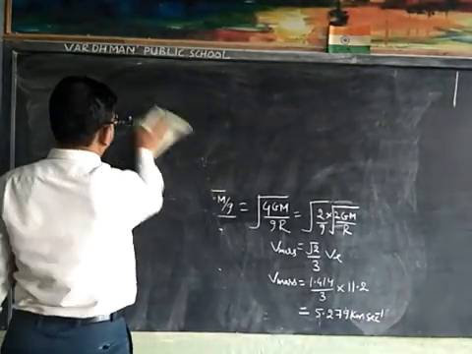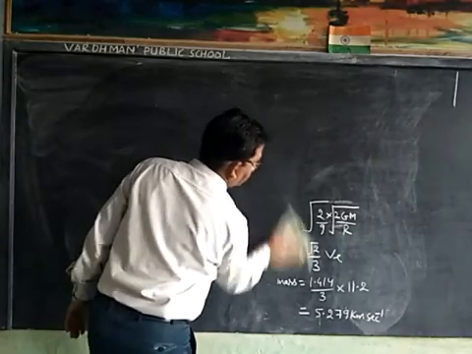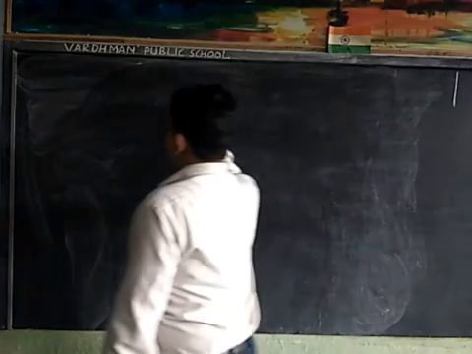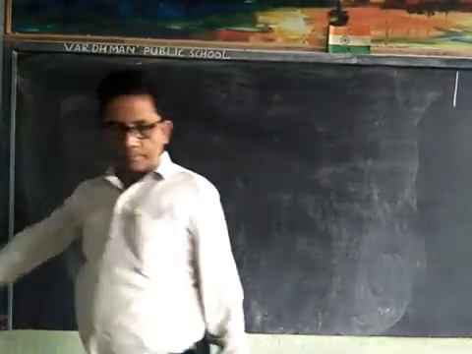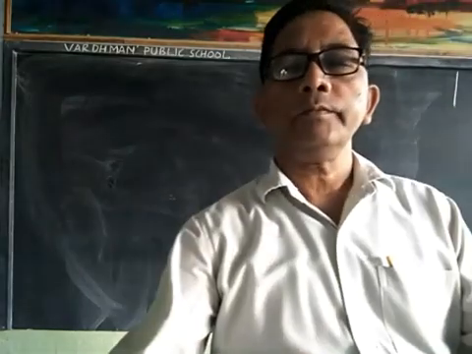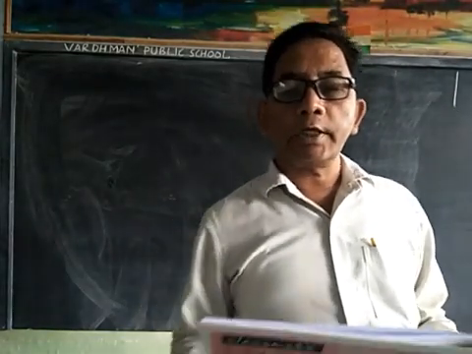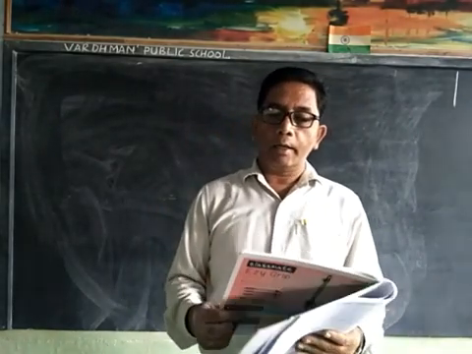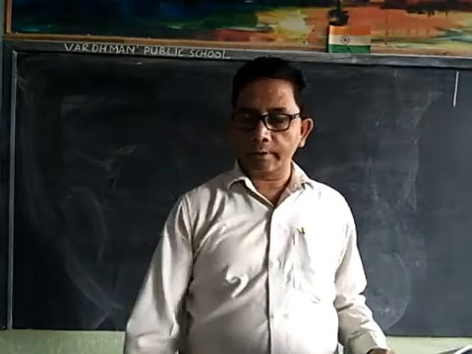Now we will discuss the next numerical. The escape speed of the Earth is 11.2 km per second.